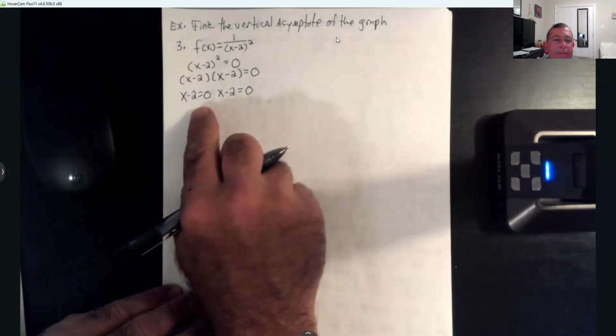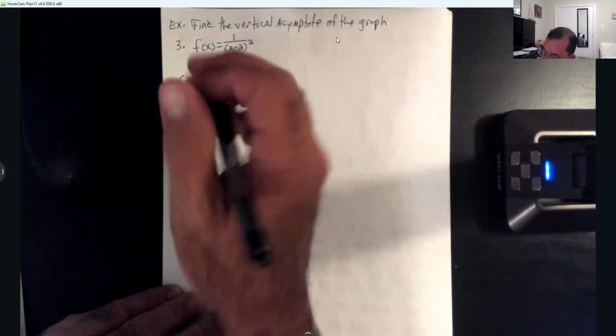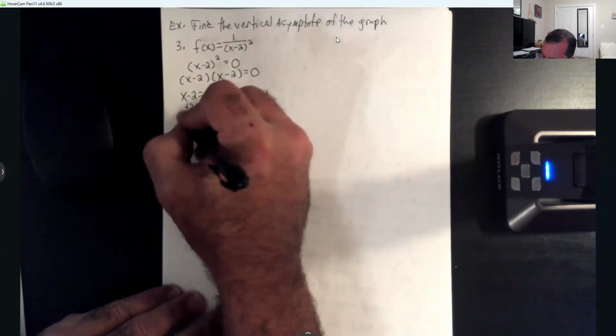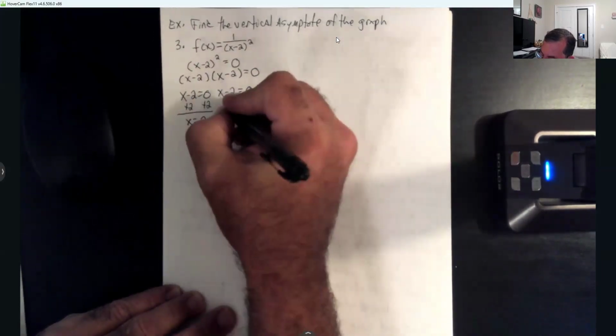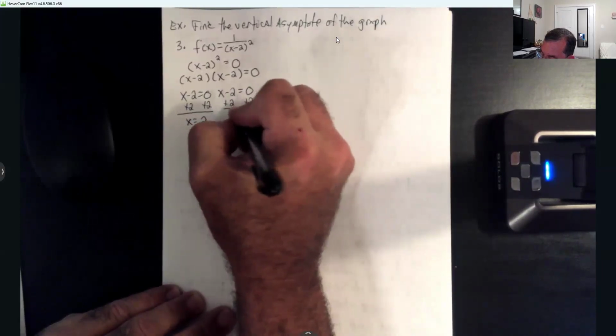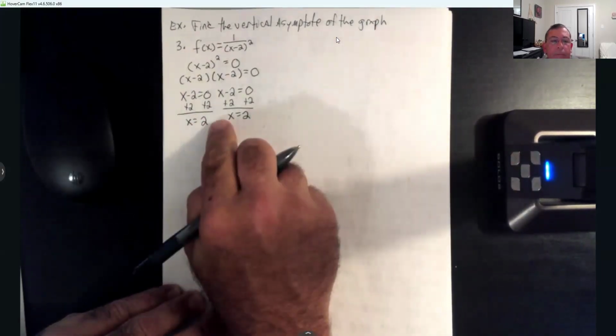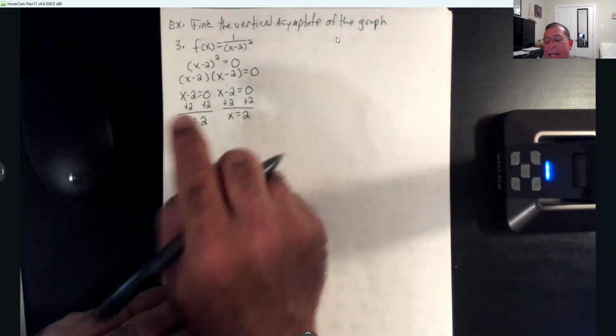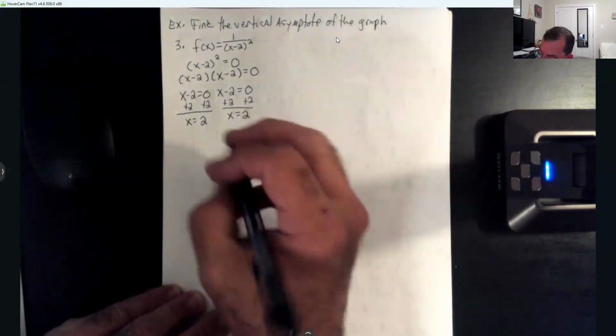But y'all, I've got the same factor happening. So to solve these, I'm just going to add 2 to both sides. And both of them give me the same answer. Since I got a repeat, I don't have to write this answer but once.